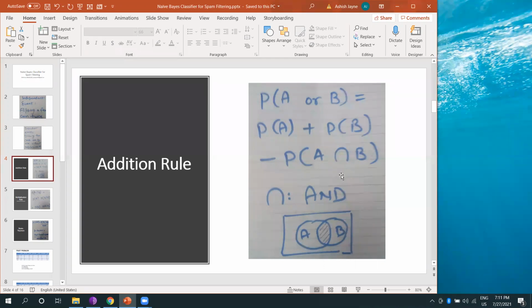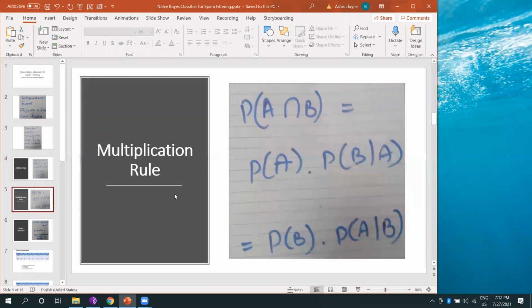Heads and tails both would never come, as these two events are mutually exclusive. But otherwise, if A and B are not exclusive and you want to find the probability of A or B, it can be written as P(A) plus P(B), probability of event A plus probability of event B, minus probability of A intersection B, which is this area.